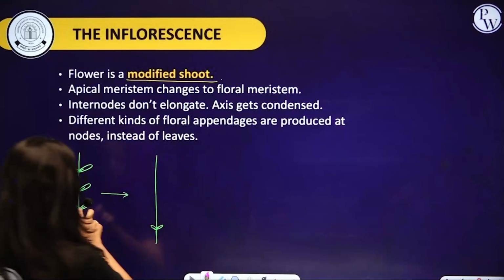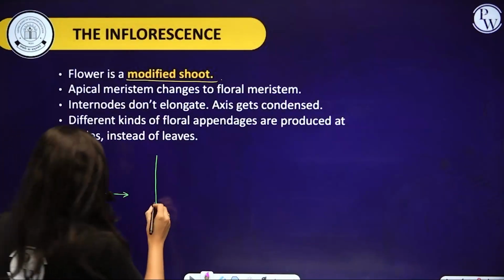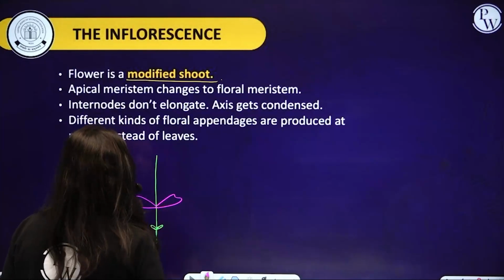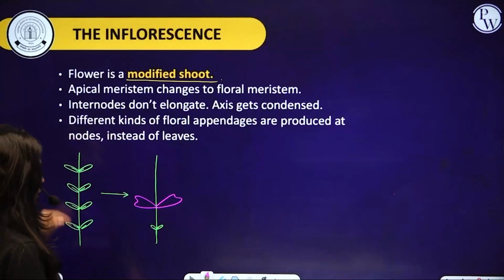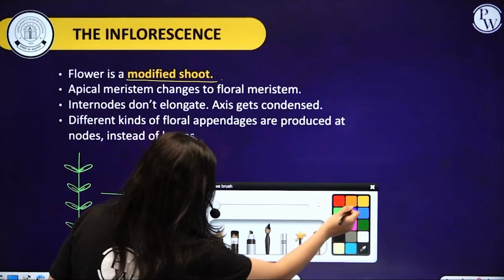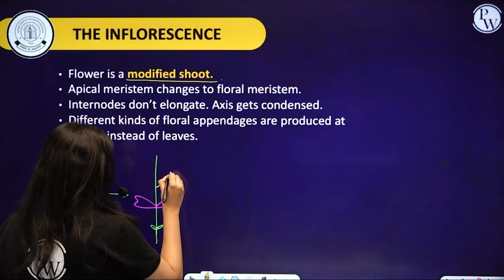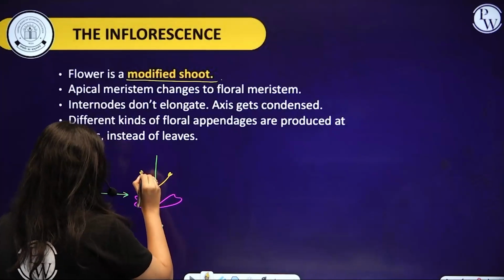Now, the leaves that are present in the node above it will modify to form bright, colorful petals. The node above that, instead of leaves being formed, when a flower is being formed, the stamen will form.